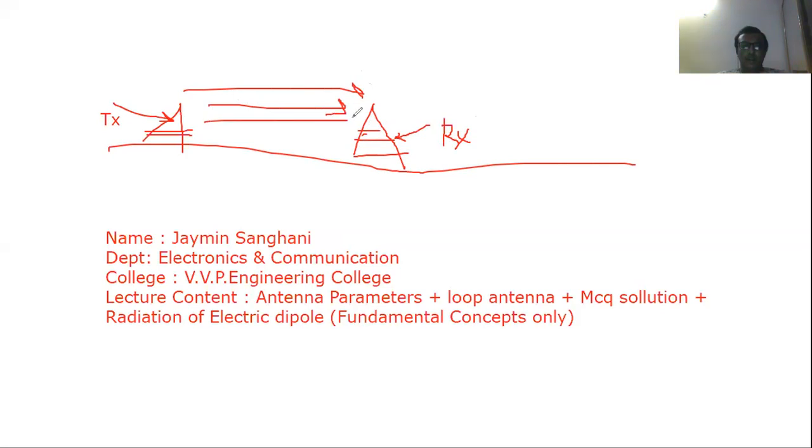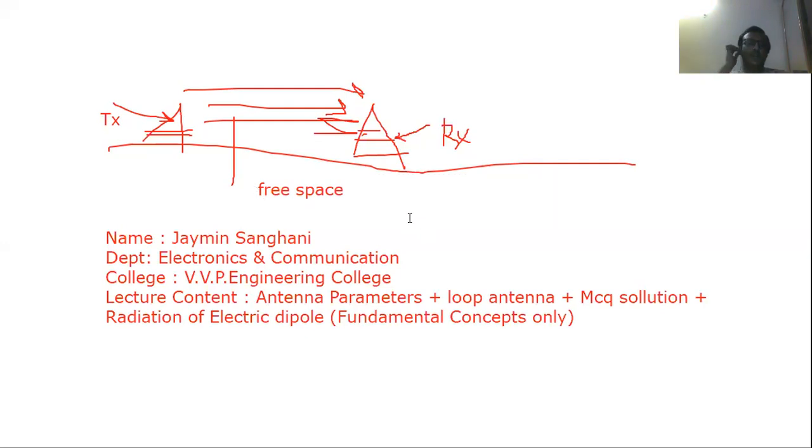Sensor of the electromagnetic wave means what? It matches the impedance between the transmitting antenna and free space. See here, I will write here, it is known as free space.